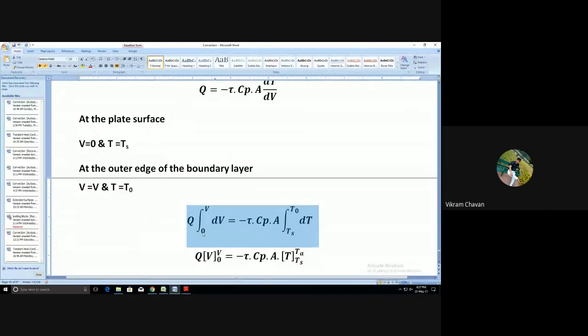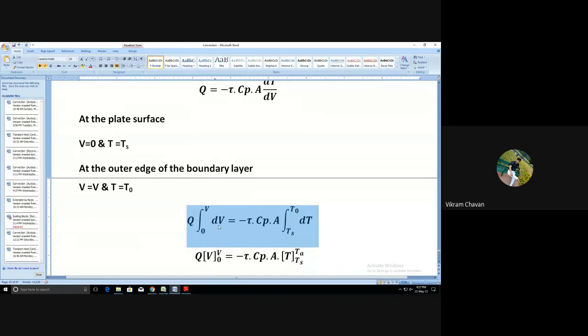For velocity, the initial limit is 0 and the final limit is v, and we have to integrate dv is equal to tau, cp and area, which are the constants we have taken out of the integration sign, and the temperature of the fluid layers is changing from Ts to T naught. The temperature of the fluid layers is changing from the surface of the plate to the end of the boundary layer, from Ts to T naught. So the boundary conditions for dT are: initial boundary condition is Ts, and final boundary condition is T naught.